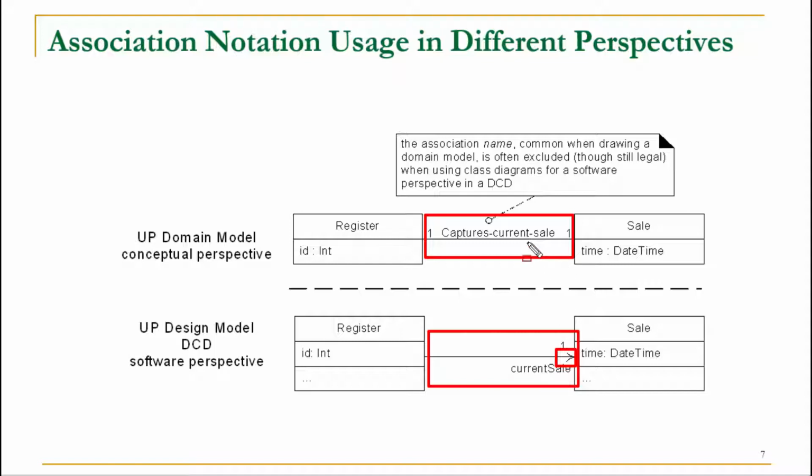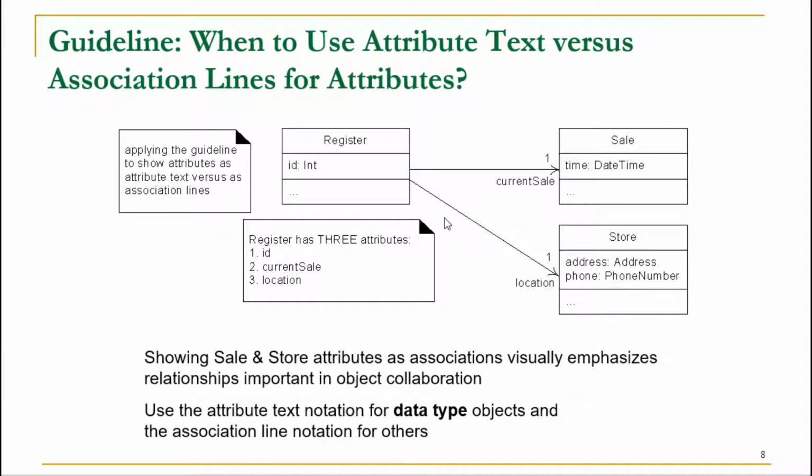Whereas in contrast, the domain model does not have any direction of the association and the multiplicity is placed at both of the ends. Have a look at this example and let me know how many attributes do you find in the register class.